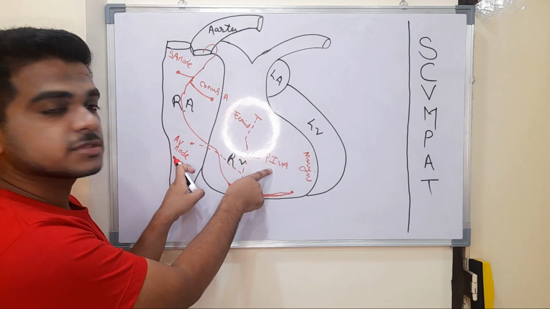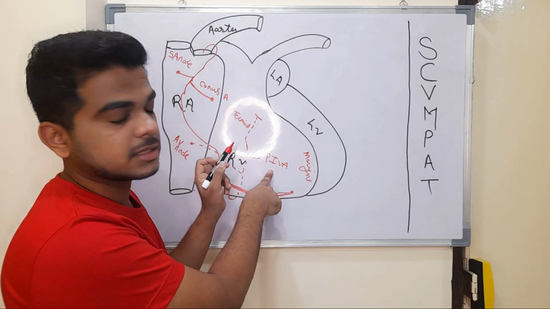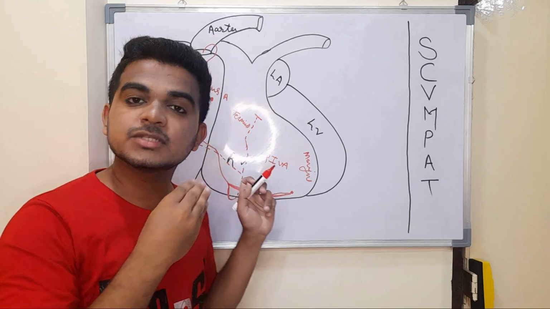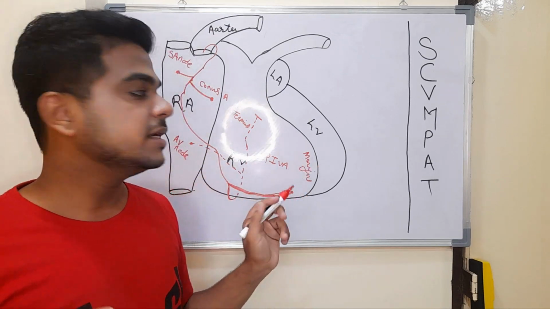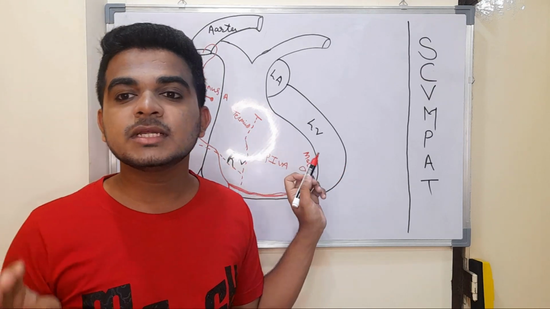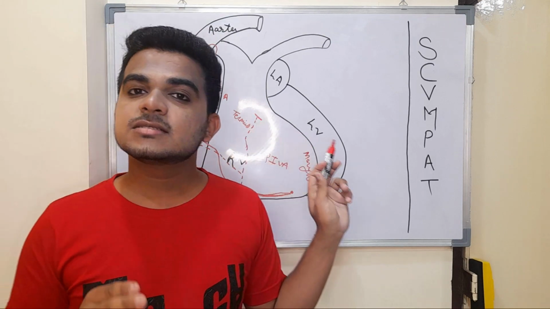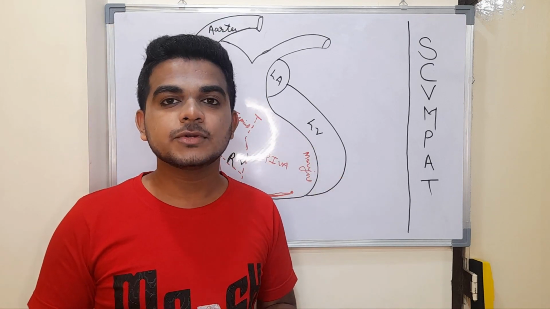So that is the posterior interventricular artery. It gives one branch posteriorly, and one branch continues through the interventricular groove, and this artery is known as the terminal artery. Then the terminal artery anastomoses with the circumflex branch of the left coronary artery.